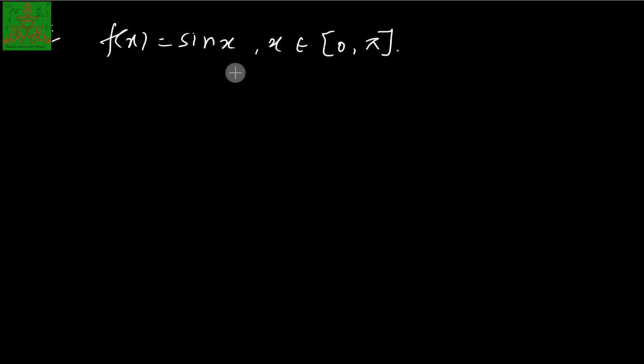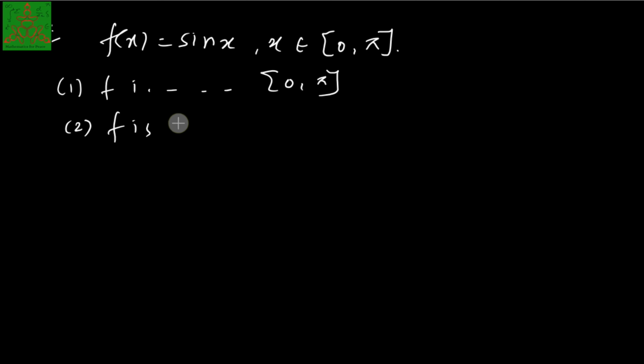Let us discuss one more example here: f of x is equal to sin x, where x belongs to 0 to pi. The question is to verify Rolle's mean value theorem. Now I am not writing all the details here; you should write in your own words that f is continuous on the interval 0 to pi because it is a trigonometric function, a sine function. f is differentiable on the open interval 0 to pi, and the third condition: what is f of 0?